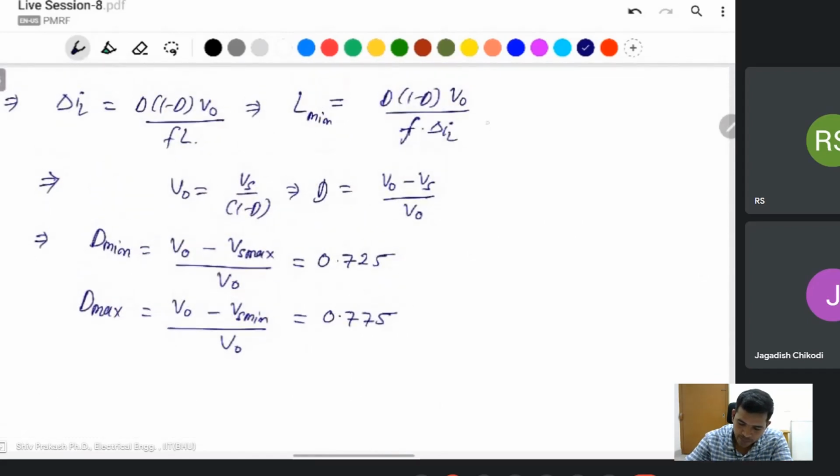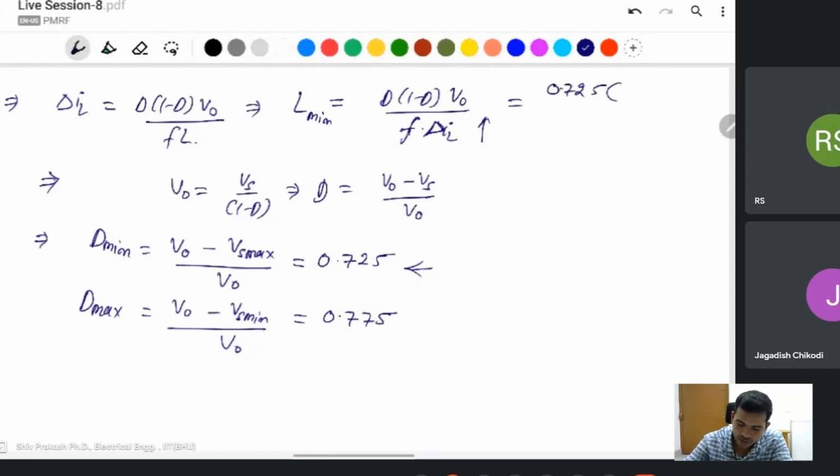The delta IL minimum occurs when VS is maximum. In that case, take D minimum and then you can find the inductance value with 0.725.